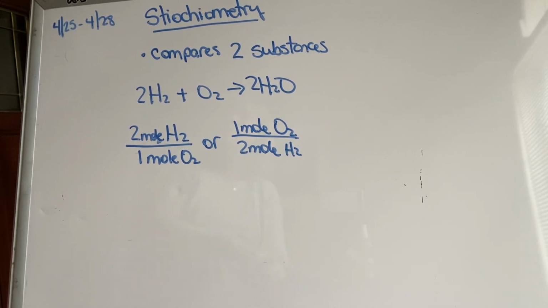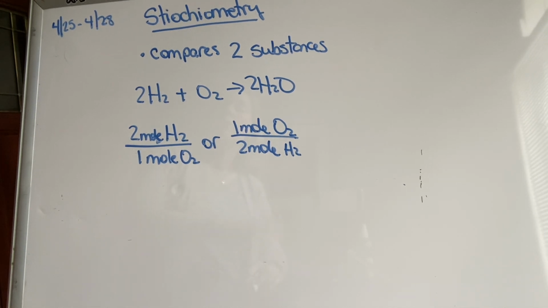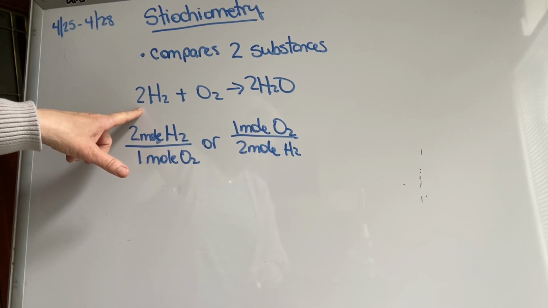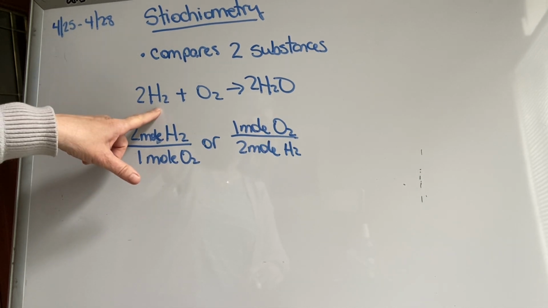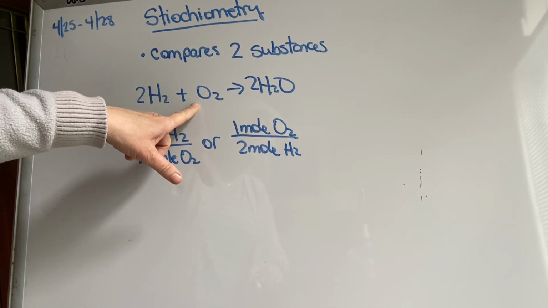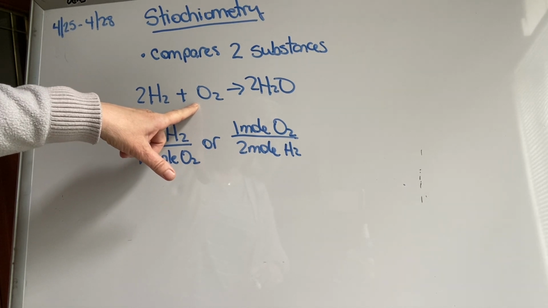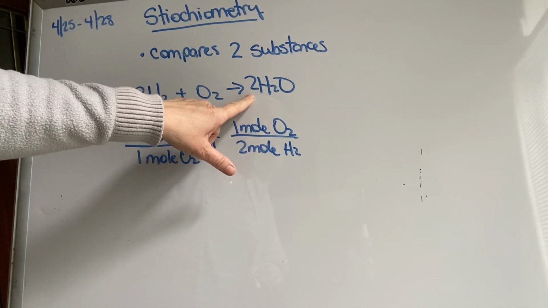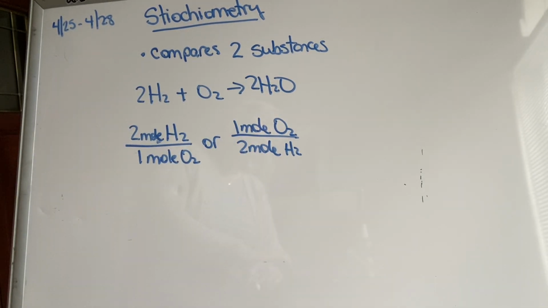When we balanced chemical equations before, when you first learned how to do this, we would read the chemical equation as 2 units of hydrogen plus, if there's no coefficient, it means 1 unit of oxygen gas yields 2 units of water.